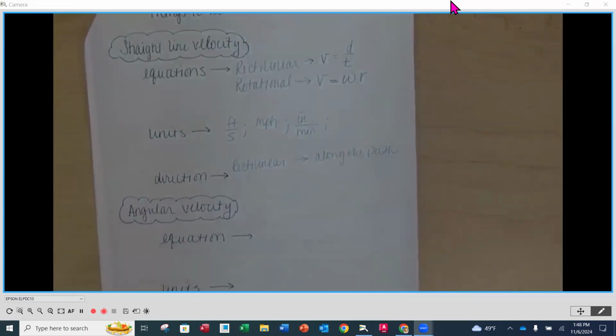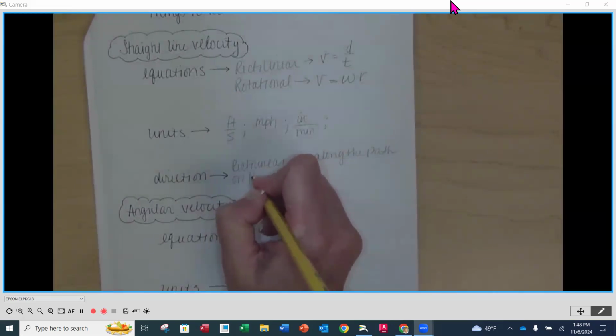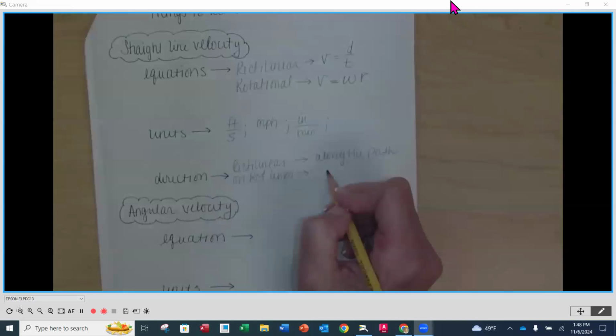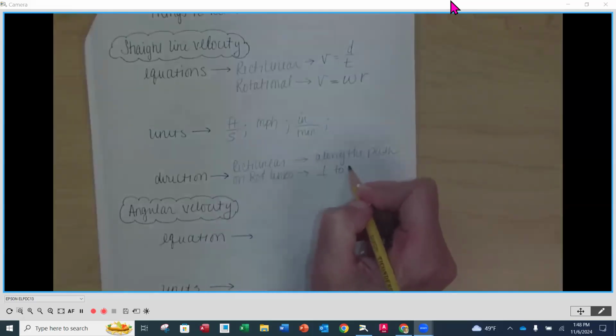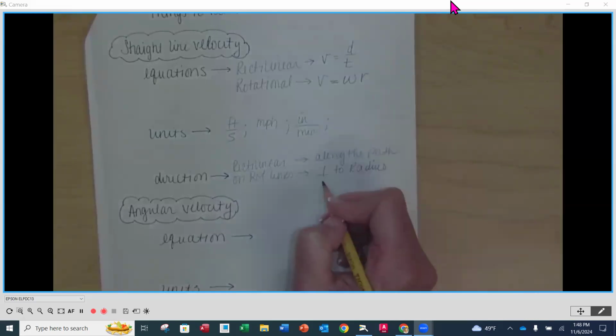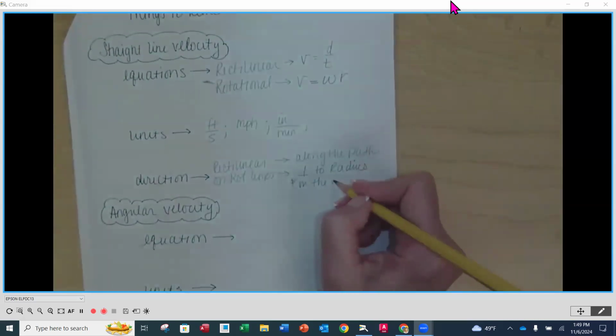Rectilinear is always going to be along the path. On rotating links, for instance, it's going to be perpendicular to the radius, and in the direction of rotation.